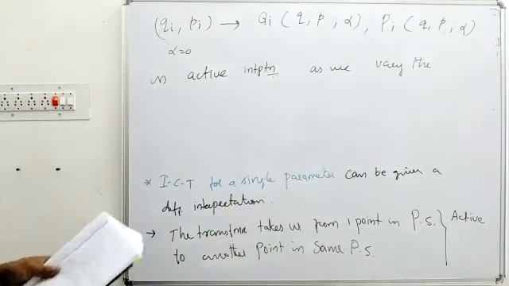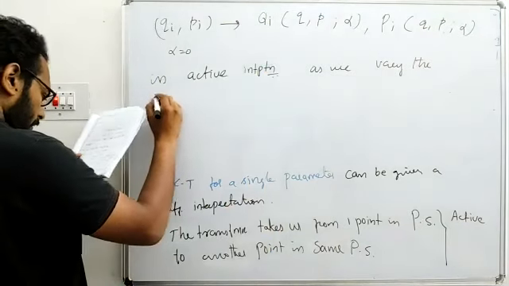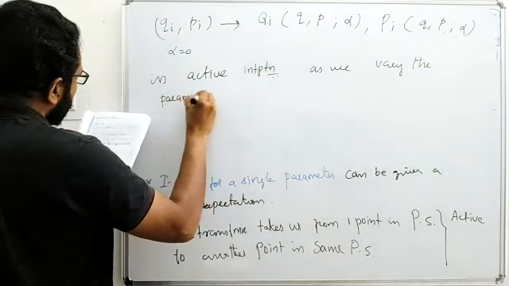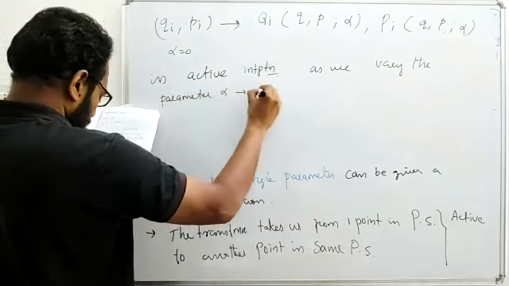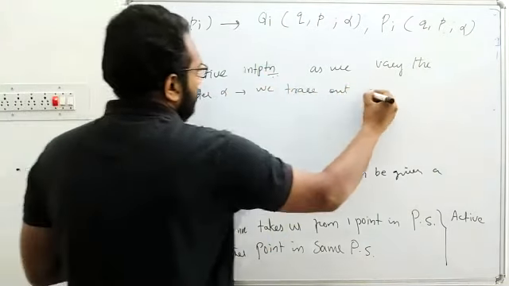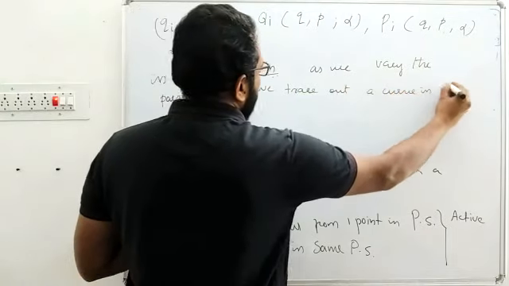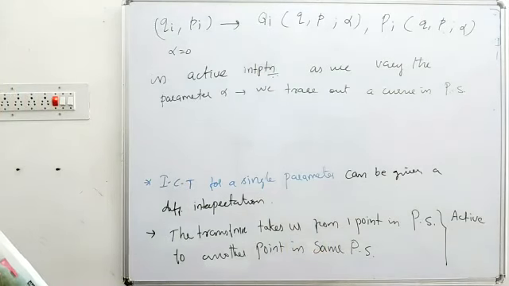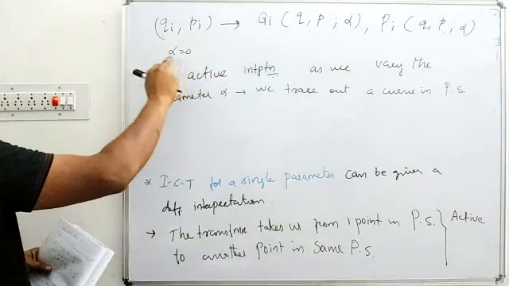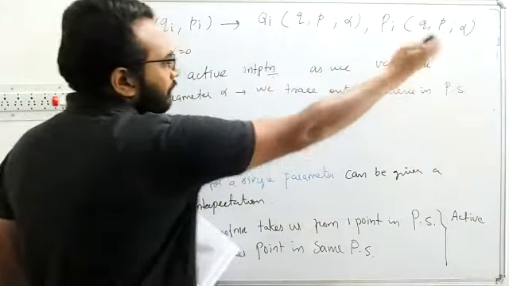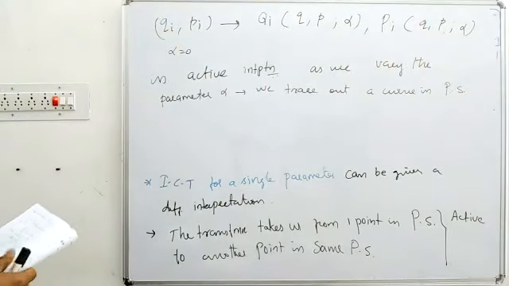So in active interpretation, as we vary the parameter alpha, we trace out a curve in phase space. Each point in this curve would correspond to a different value of alpha. The initial point on this curve, we can say, corresponds to the value of alpha equal to 0. And for other values of alpha, you'll get other points in that curve.